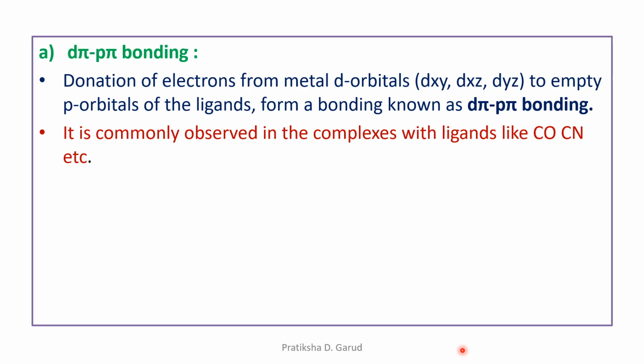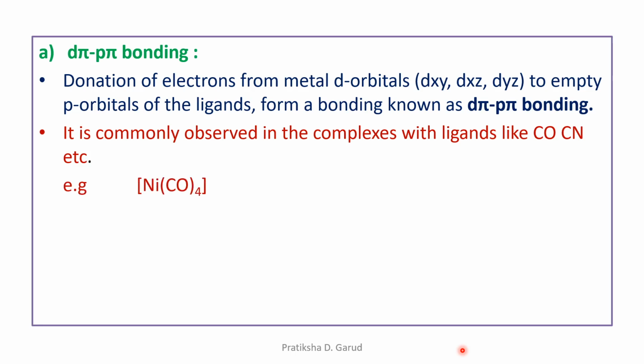The complexes which have ligands such as carbonyl ligands and cyanide ligands show the formation of d-pi p-pi bonding, because these ligands provide the p atomic orbital and the metals provide the d atomic orbital. For example, nickel tetracarbonyl, right?